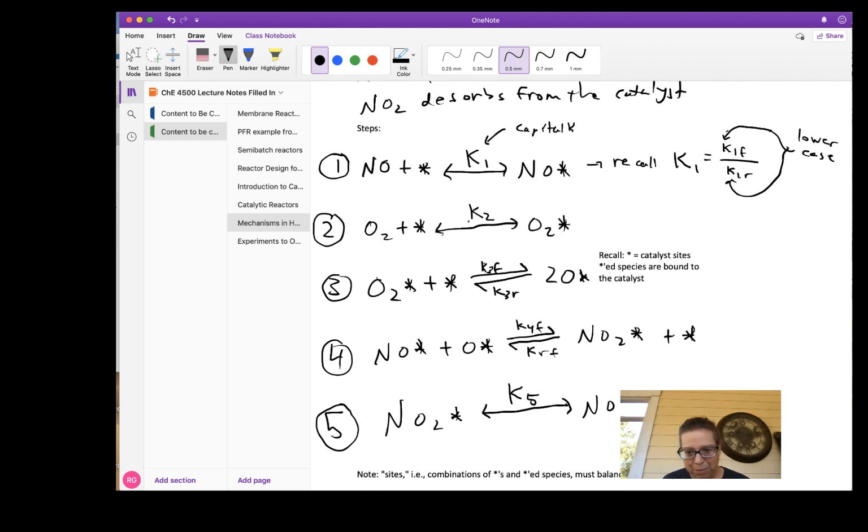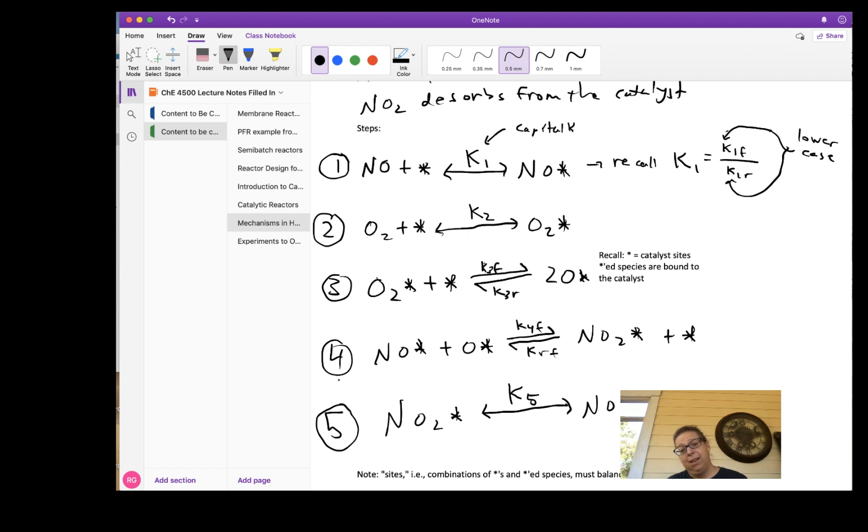But let's look back at the mechanism. So we have 5 choices here, but we're immediately going to rule out steps 1, 2, and 5 because we're going to make at least the first assumption that, since they're adsorption and desorption, they're not activated and thus are not the rate limiting steps. So that leaves us with 3 or 4, which can be the rate limiting step.